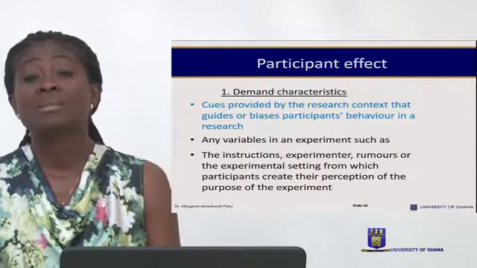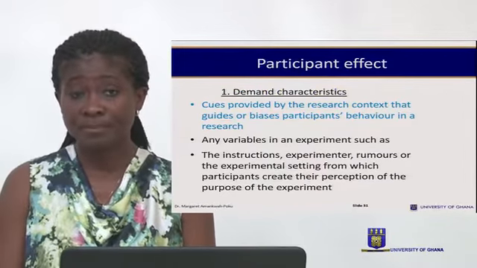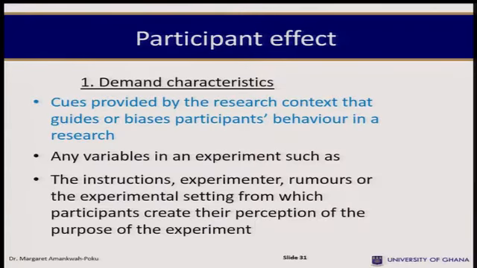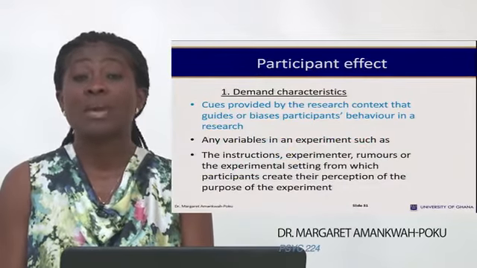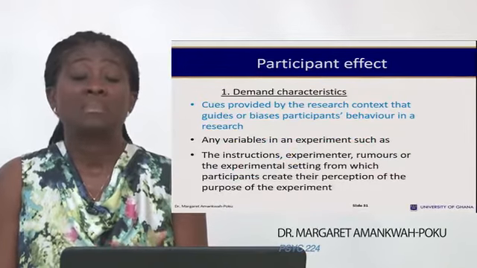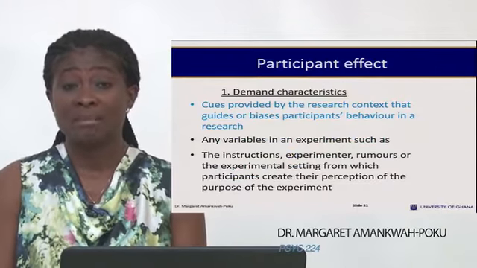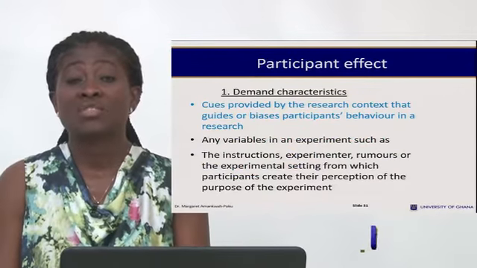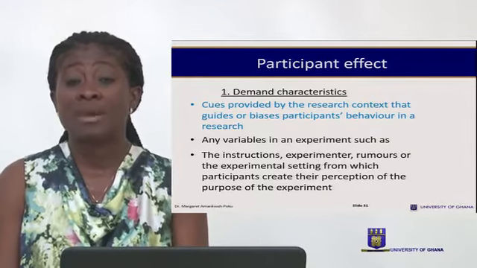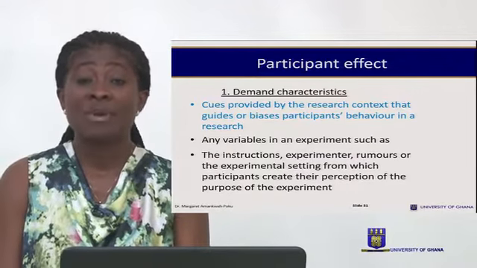So when you talk about demand characteristics, they are cues provided by the research context that can bias participants' behavior. So basically, cues in the environment that the participants will pick up from that will give them some kind of idea about what the research or the experiment is about. So cues such as the instructions that are given, the experimenter, rumors about the experiment, etc.